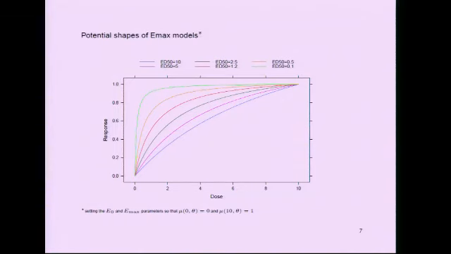So in this plot, I'm showing the different shapes that an Emax model, the simple Emax model, can take. It can increase very quickly towards this asymptote. And then if you increase the ED50 value, it slowly converges towards something like a linear increase.